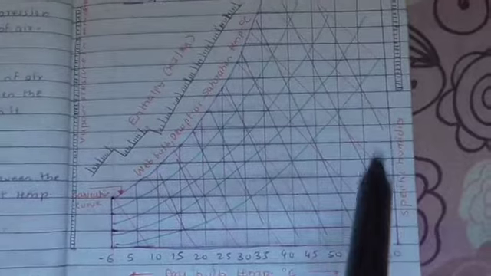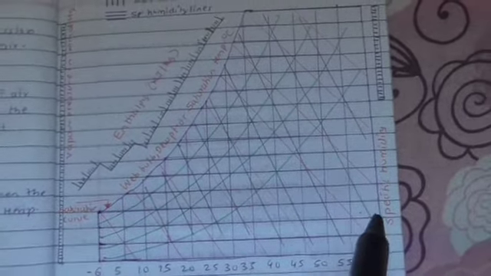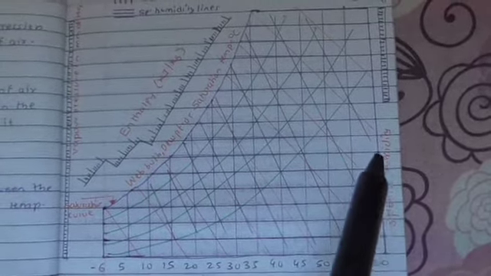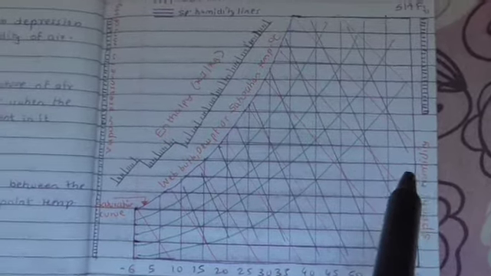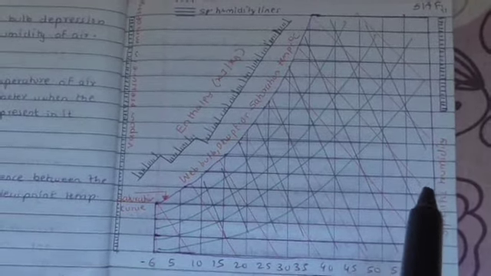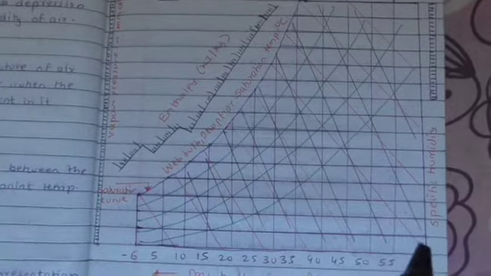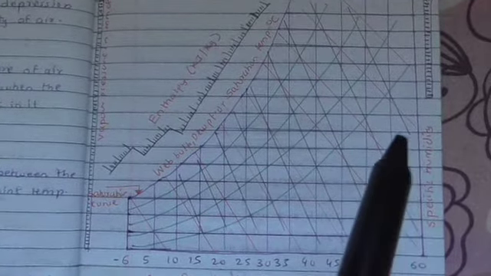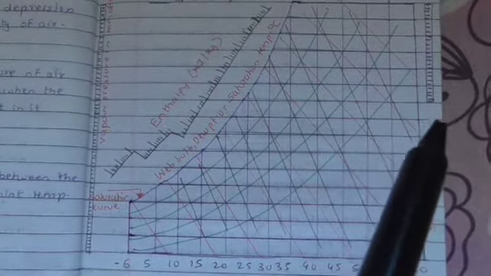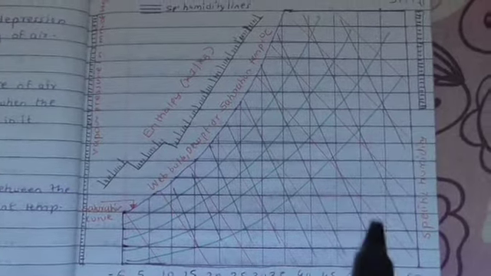On the right hand corner there is a vertical scale of specific humidity. In some charts it is in grams per kg of dry air, and in some charts it is kg per kg of dry air.